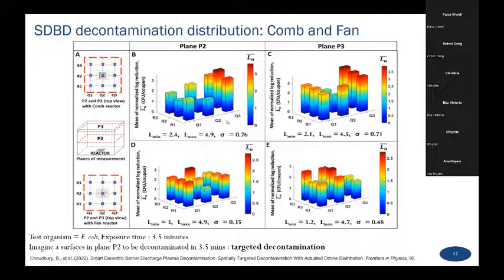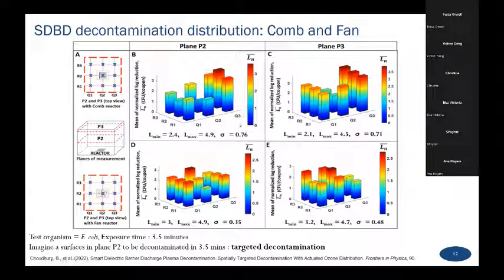At plane P2, we see the spatial decontamination distribution resulting from the comb reactor. What we see here is a biased decontamination towards one side of the chamber, which corresponds to the main flow where the flow goes from the shaft towards the teeth tips. We will see in the following slides how it relates to the flow.